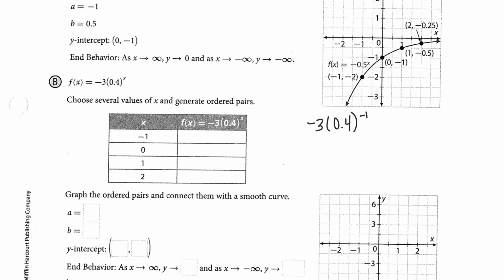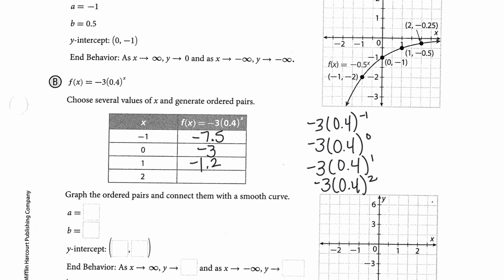It comes out to -7.5. -3 times 0.4 to the 0 power comes out to -3. -3 times 0.4 to the first power, -1.2. And -3 times 0.4 to the second power, -0.48.